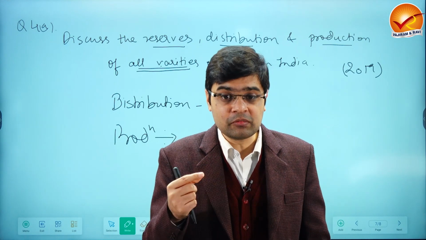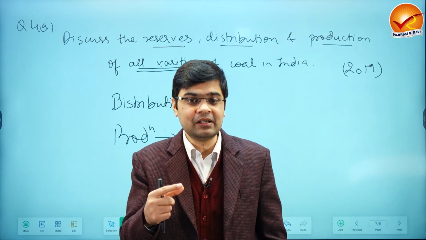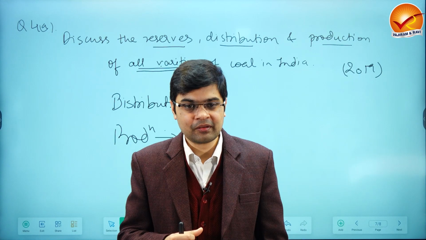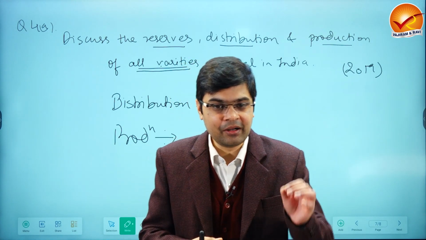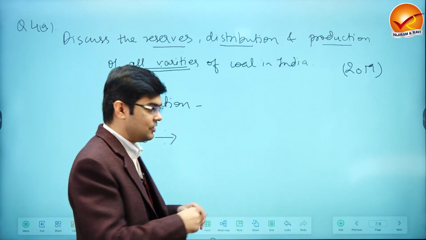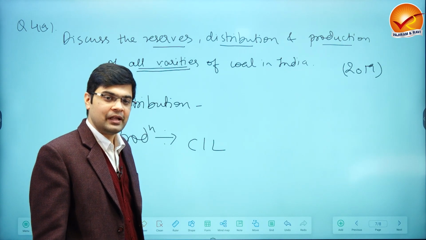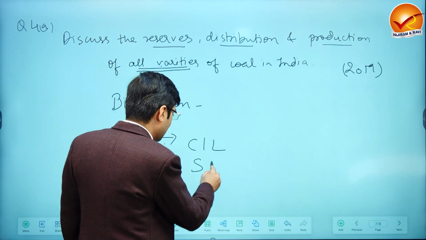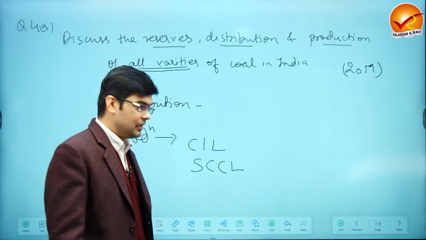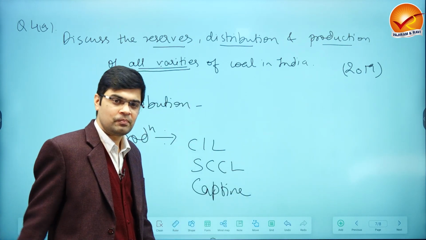Then you can talk in terms of what are the different companies or what are the different sectors under which coal mining is done. You will say that more than 80% of the coal is mined by whom? CIL and its subsidiaries. Then coal of peninsular India is mined by Singareni Collieries Company Limited. Some is captive mines. Some of the coal comes from the captive miners.